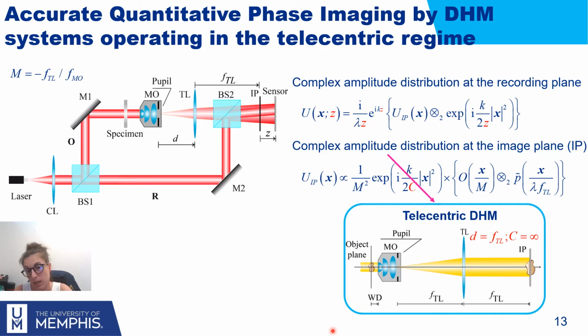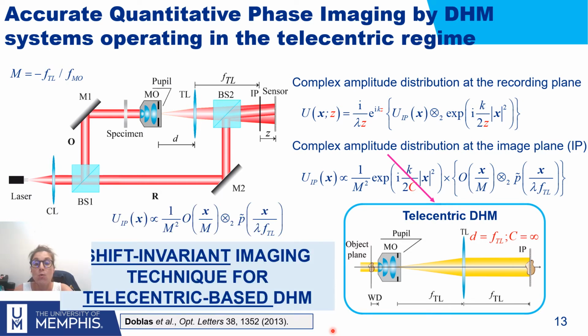Another way of saying it is that the microscope objective lens and the tube lens are arranged in a focal configuration. So for this particular case, the complex amplitude distribution at the image plane is not distorted by any additional quadratic phase factor. So that is the particular case where we say that the system is shape invariant.